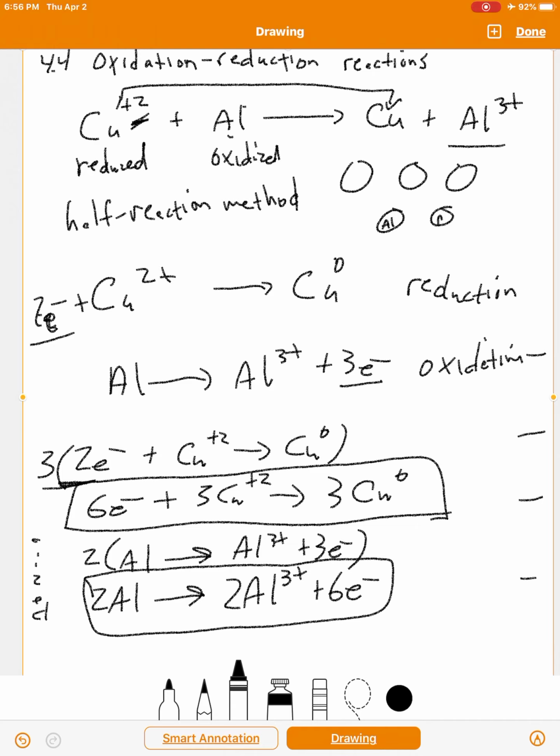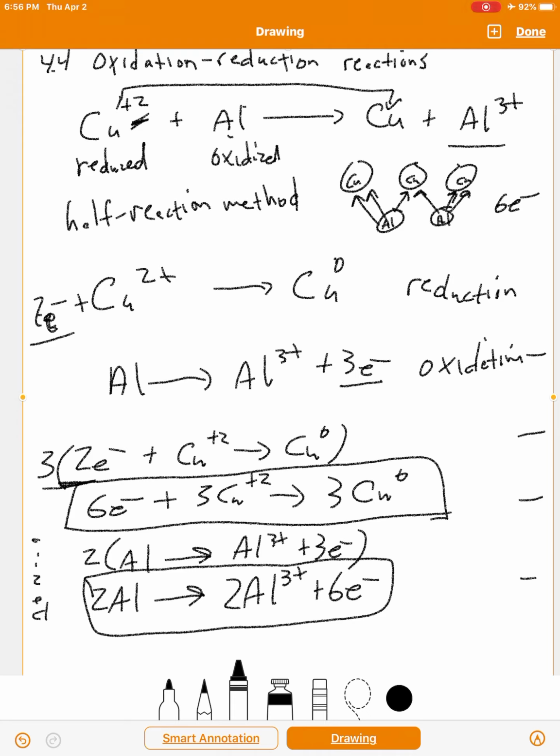So if these are the aluminums, 2 electrons go here, 1 there, and then 2 here. So there's actually 6 electrons being transferred between the copper and the aluminum. The Cu 2 plus gets 2 electrons each, and the aluminums each lose 3. So you can do all these sample problems and things like that.